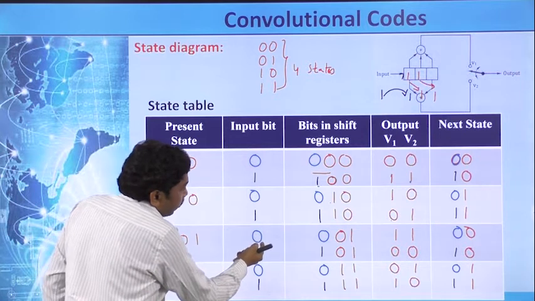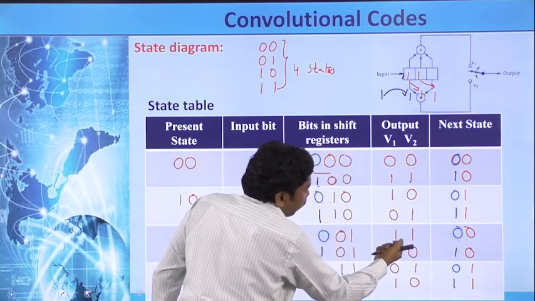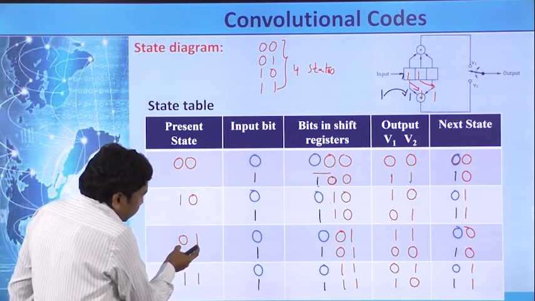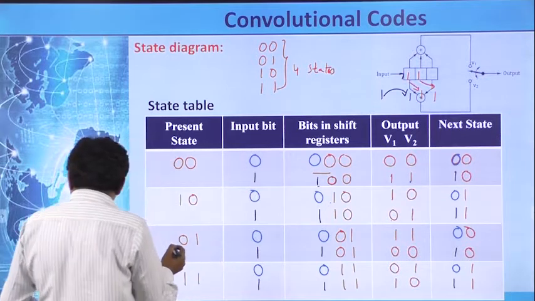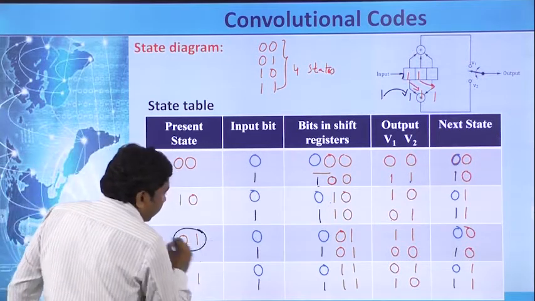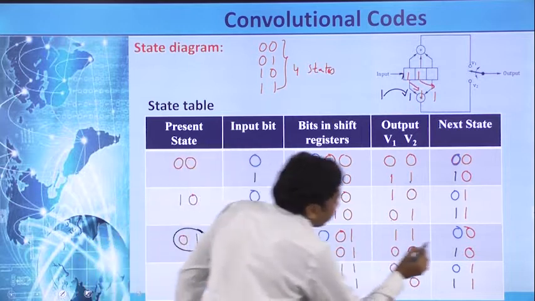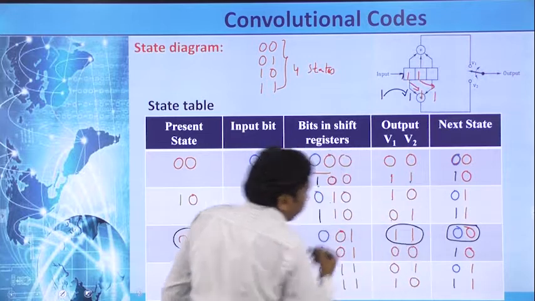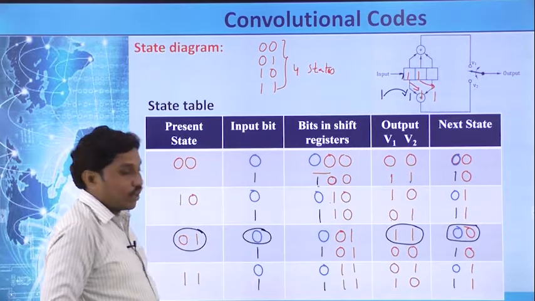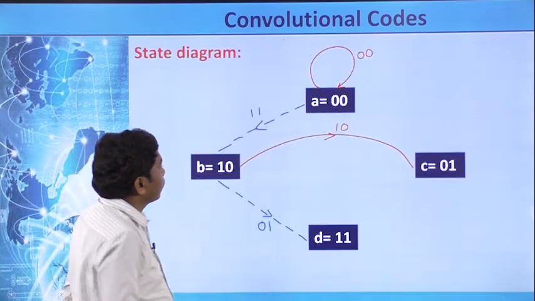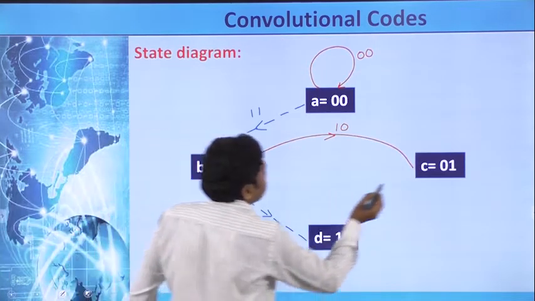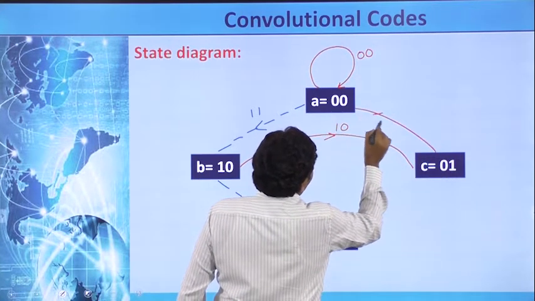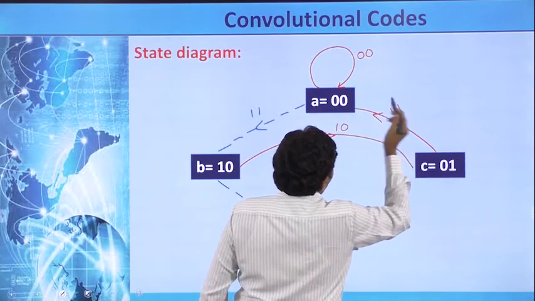When the input bit is 0, it moves into 0 0 state with output bits 1 1.